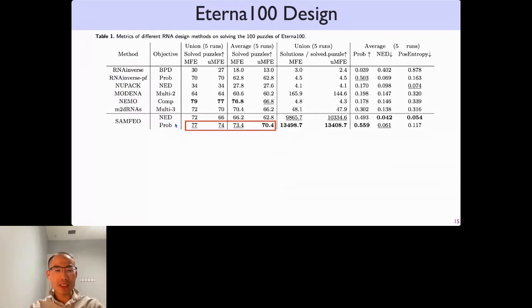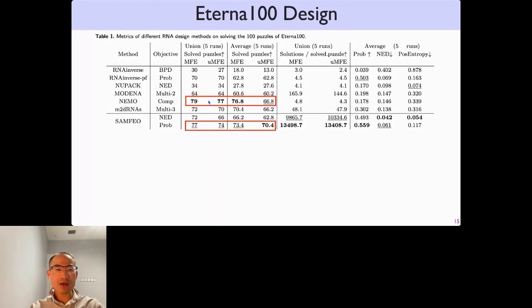Let's first look at how many puzzles each method can solve out of 100 puzzles. We can see that our method, sample, can solve 77 and 74 puzzles by MFE and unique MFE respectively, outperforming most other methods except for NEMO.